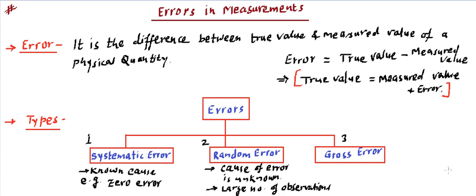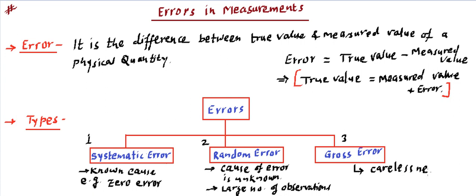And there is a third type of error, which is because of some faulty observations, that means because of carelessness. If we are causing any error because of non-sincerity, lack of focus, or carelessness, then this kind of error arises.